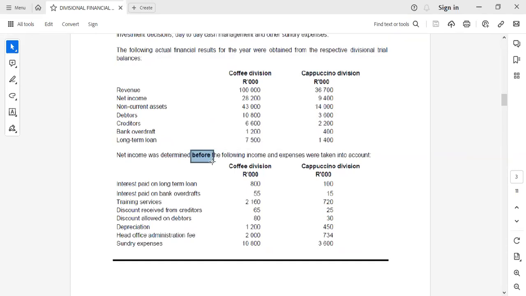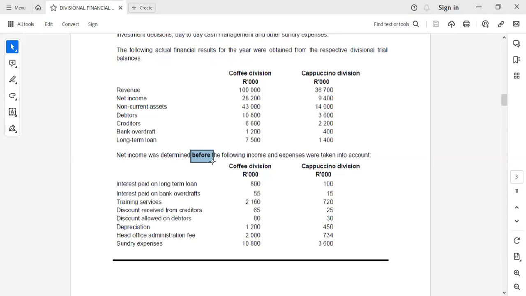My friends, we should be very careful because the answer will change if they say before and if they say after. When they say before, that means you have to identify the items that are relevant and treat them in the normal way that they are supposed to be treated. If they are supposed to be subtracted, subtract. If they are supposed to be added, you add.